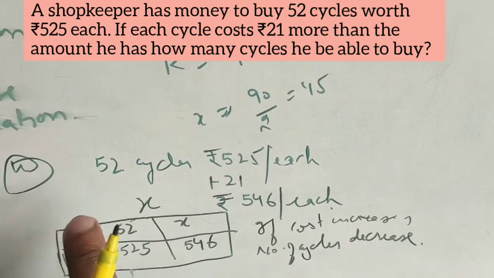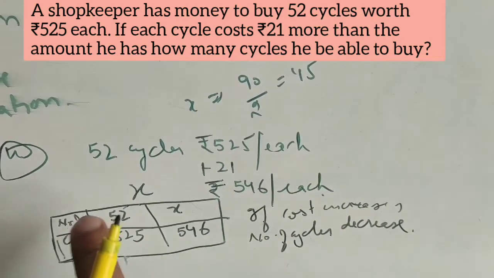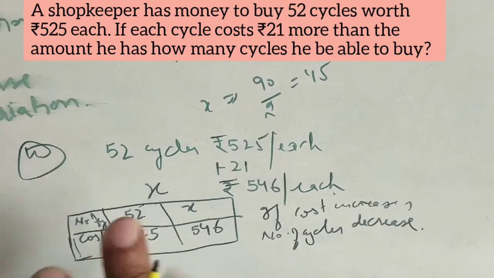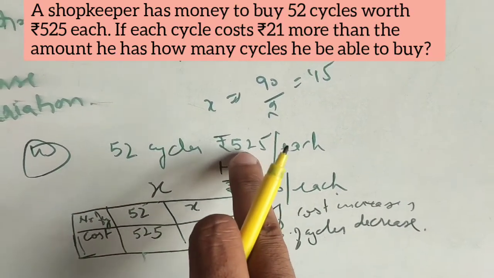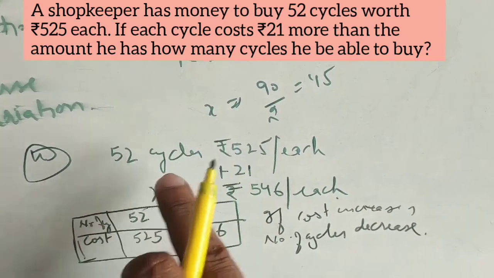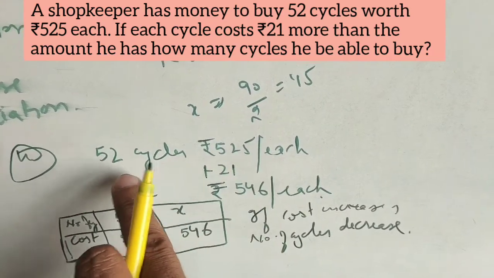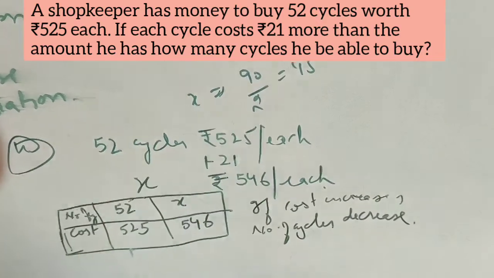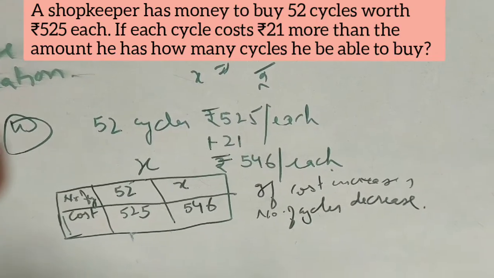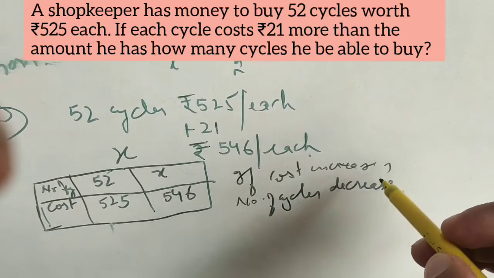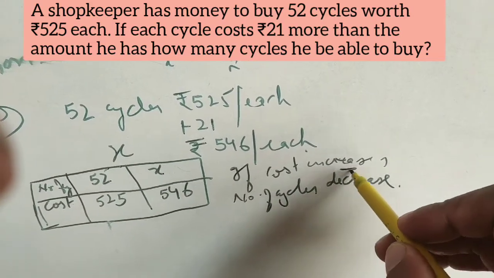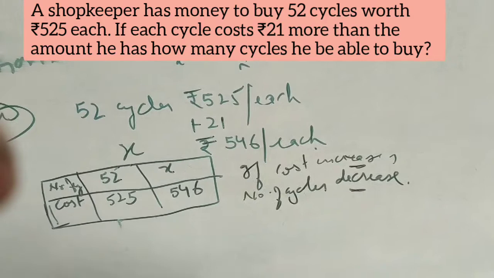The amount he was having is the constant in this question. So he was having 52 cycles for rupees 525 each. He was having this much amount, but when he goes there, he finds that each cycle costs rupees 21 more. So how many cycles can he buy now? This is inverse variation, because cost is increasing and number of cycles is decreasing.